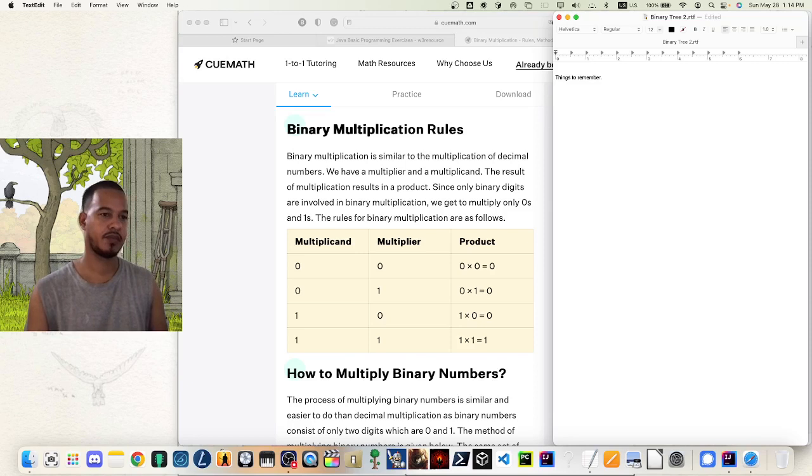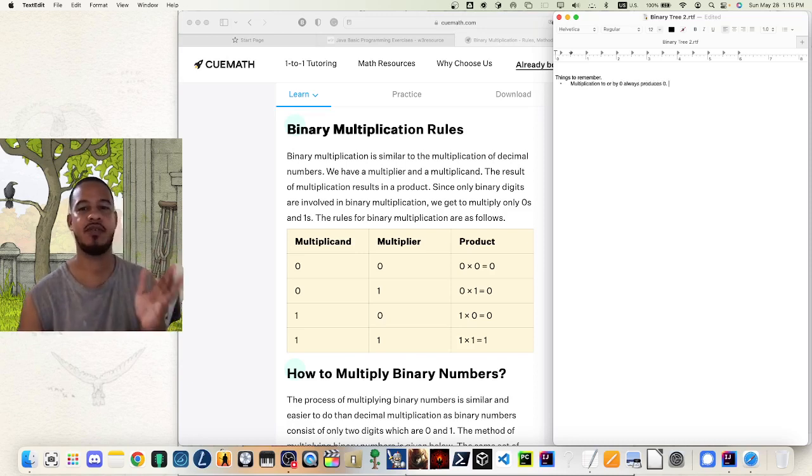So, things to remember. I like to use bullets. Multiplication to or by 0 always produces 0. Okay, this is important.